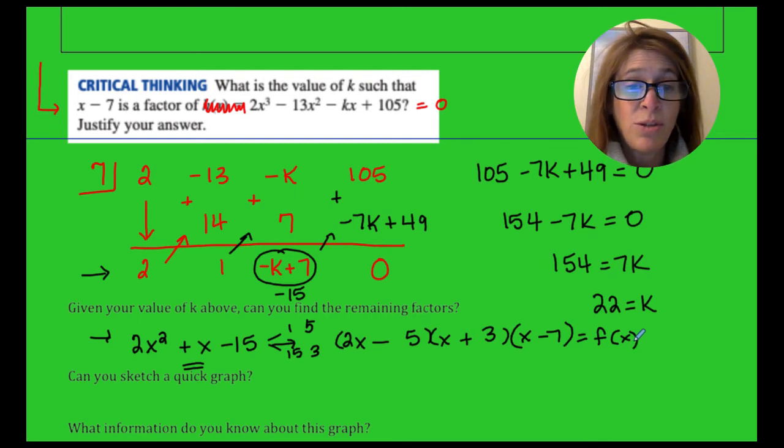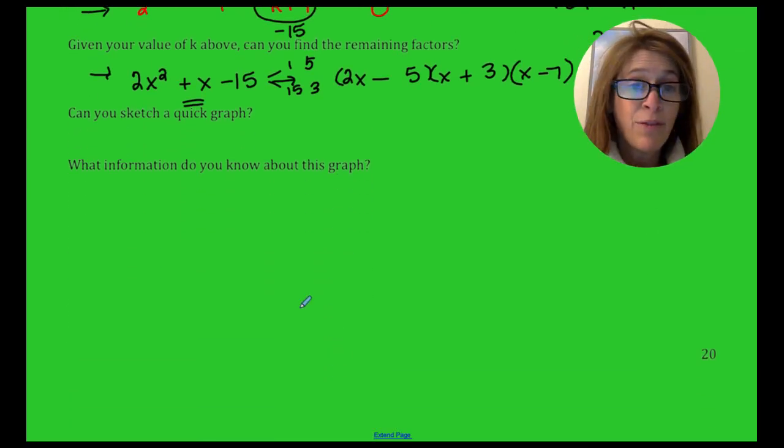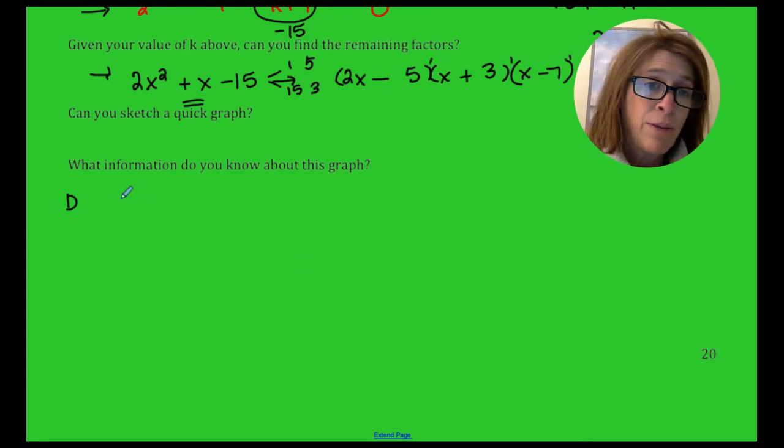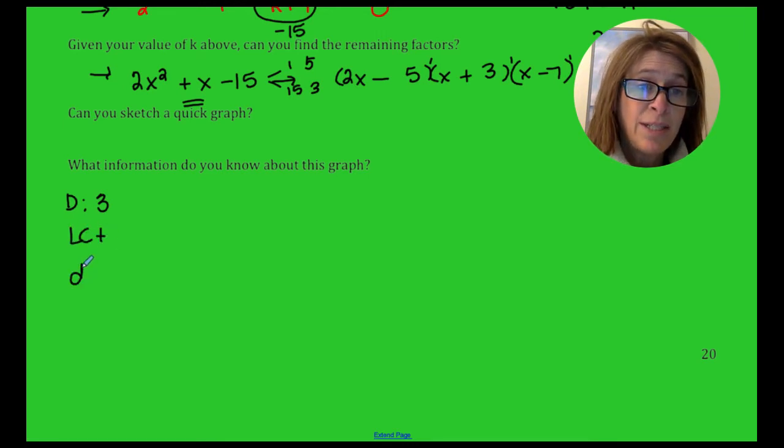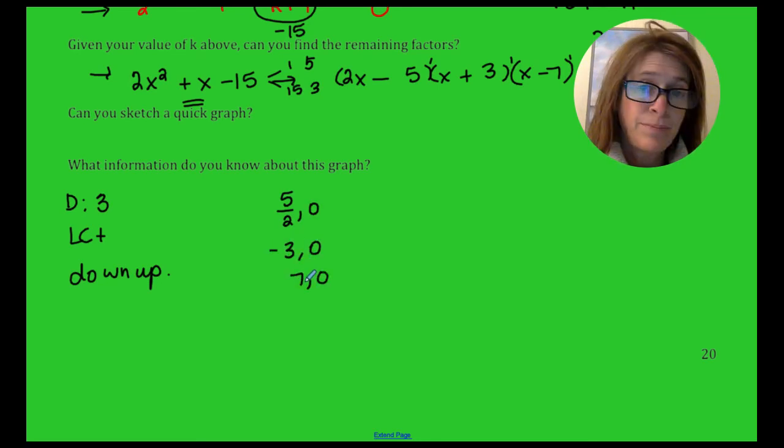F of x or y. So could we sketch a graph? We certainly could. We have some information now. We can see that the degree is 3. So I have a degree 3 polynomial. I've got my leading coefficient is positive, so I know it's going to be down, up. I know my x-intercepts are 5 halves, 0, negative 3, 0, and 7, 0.